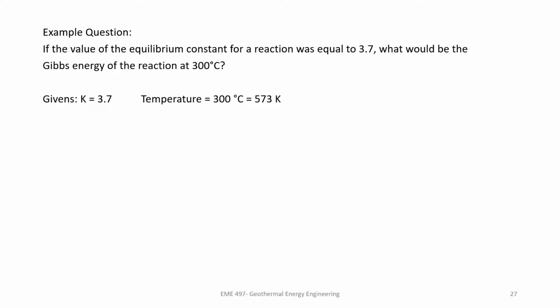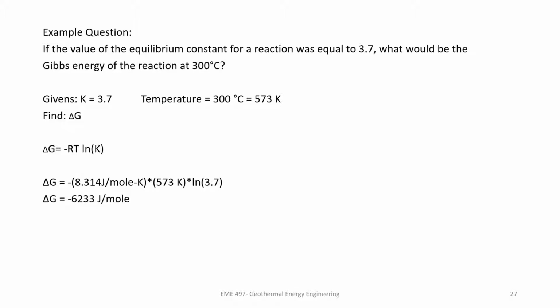We convert that to Kelvin, adding 273, and we get 573 Kelvin. To find the Gibbs energy of reaction, we can use the following equation: delta G equals minus RT ln K. Plugging the values in, we get a Gibbs energy of reaction equal to minus 6,233 joules per mole.